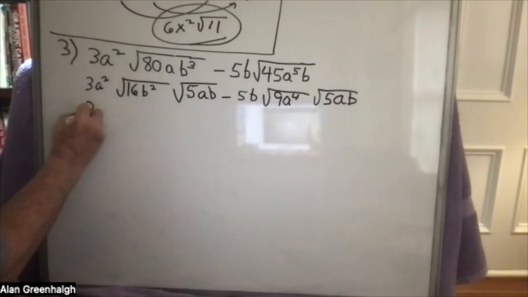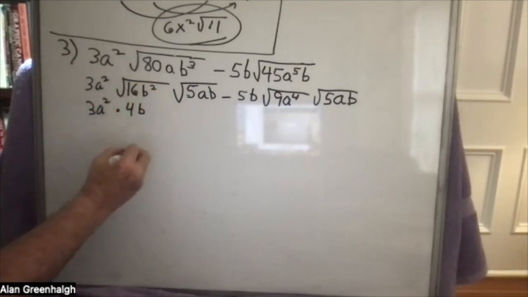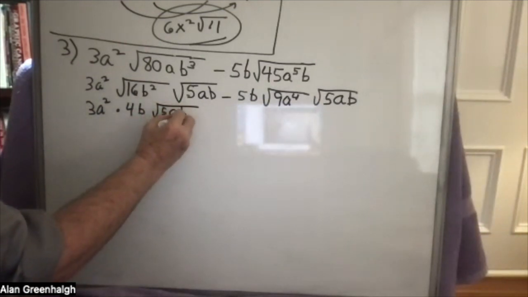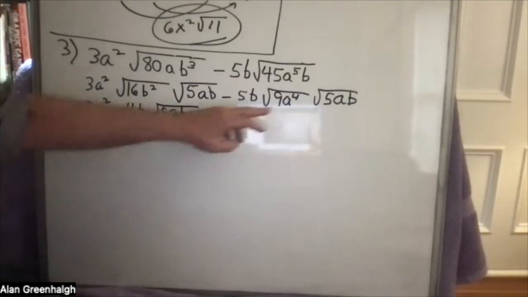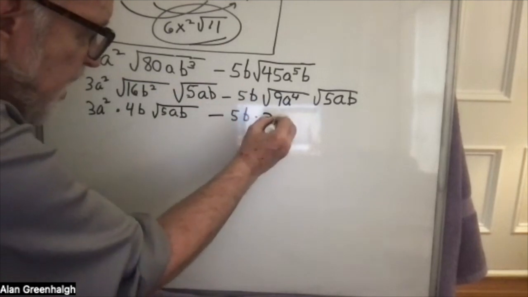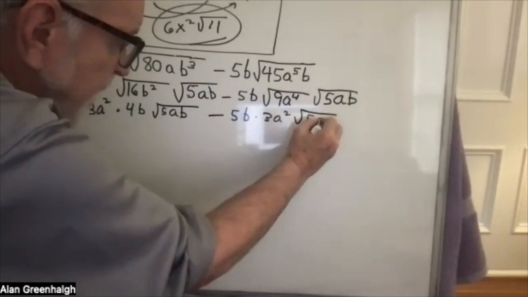So 3a squared times the square root of 16 is 4, the square root of b squared is b, times 5ab minus 5b times the square root of 9a to the fourth is 3a squared times the square root of 5ab.